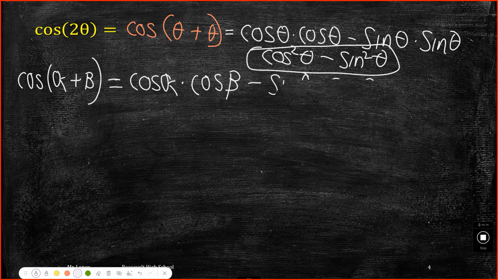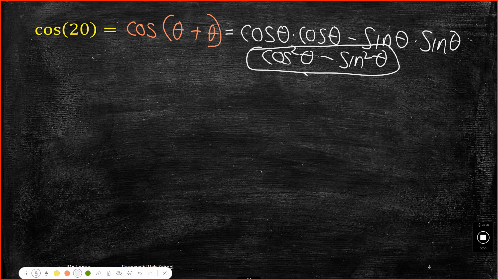Okay, there are some other ones that come out of this. There are a total of 3 of them. Where do the other 2 come from?